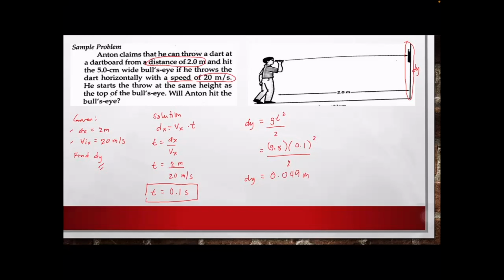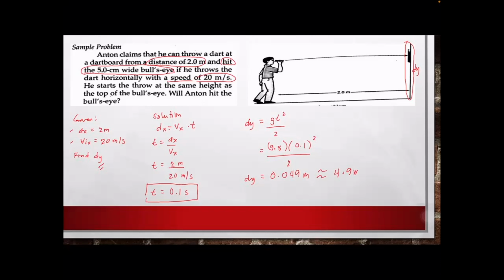Now, pero, nakalagay dito is hit the 5 cm wide bullseye. So, i-convert natin itong ating 0.049 meter into centimeter. So, this will be equal to 4.9 cm.